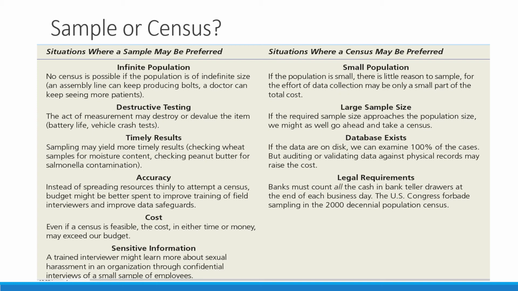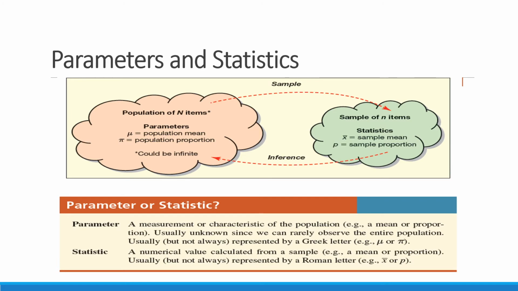It's better that the interviewer sits with a limited number of people, maybe representatives from different departments, to discuss this situation with them. Of course, choosing between sample and census depends mainly on the purpose of the study.